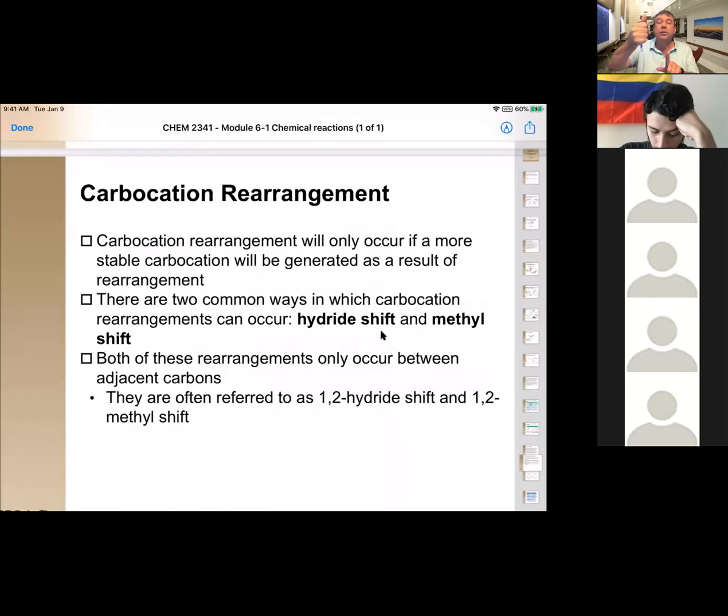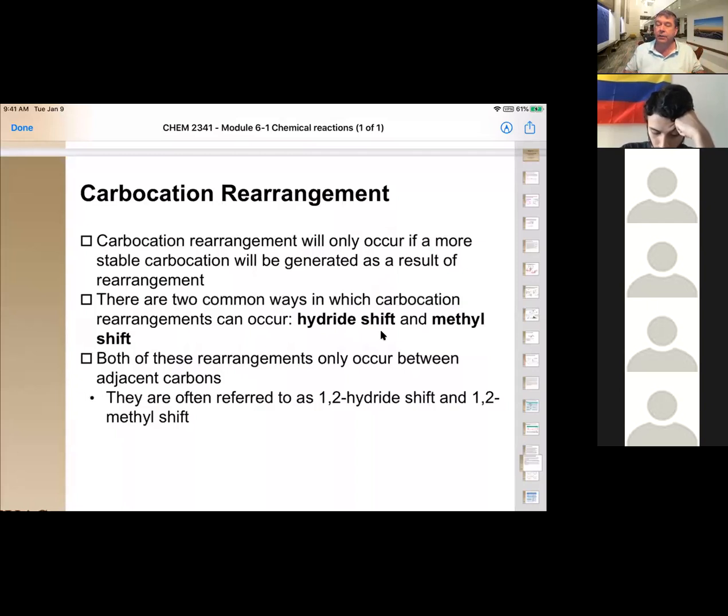We're going to shift that hydrogen and its electrons over to that carbon that is the less stable carbocation to form a more stable carbocation. So that's what we call a 1-2 hydride shift. We're shifting from one carbon over to the second carbon and giving it to a more stable tertiary carbocation.